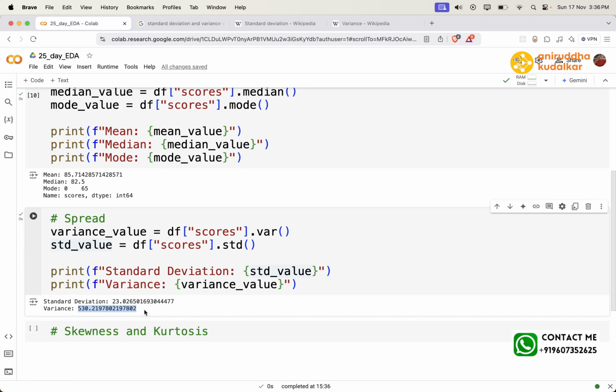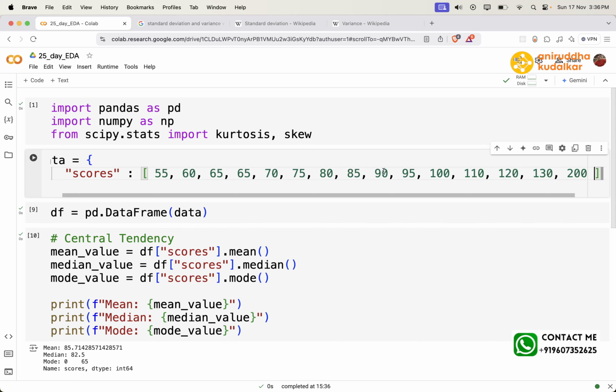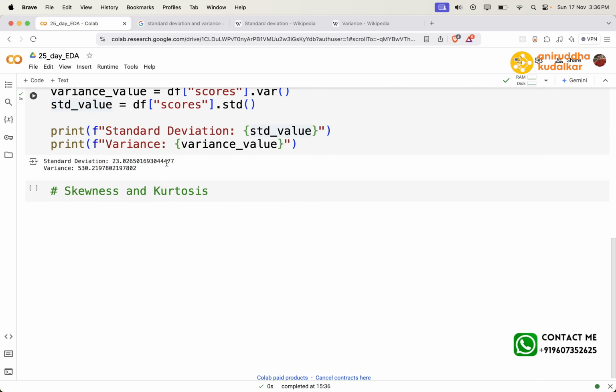Why? There is no outlier now. The things are related. If there is an outlier, the spread is bigger.